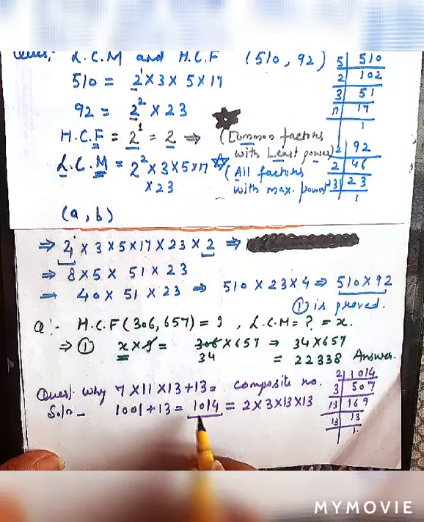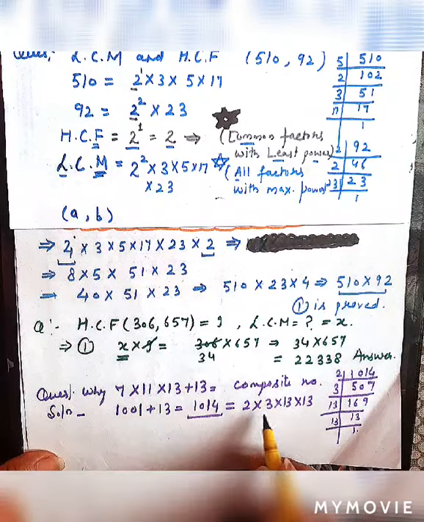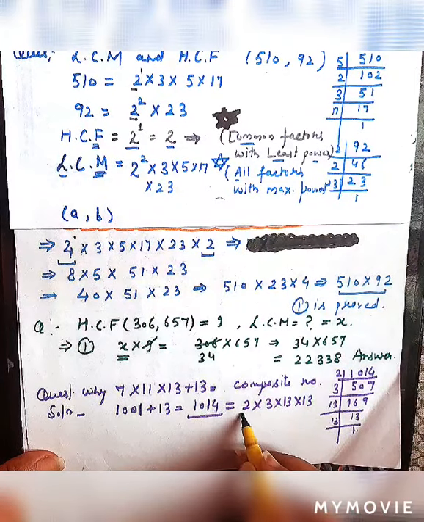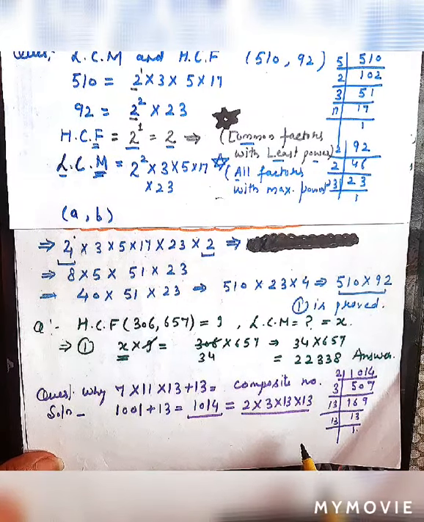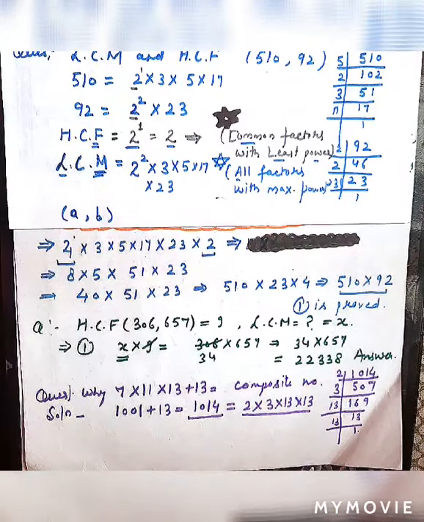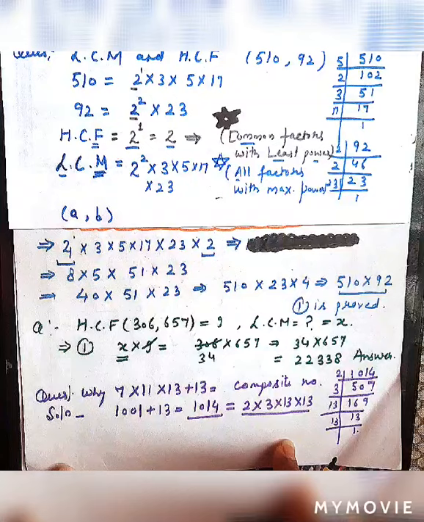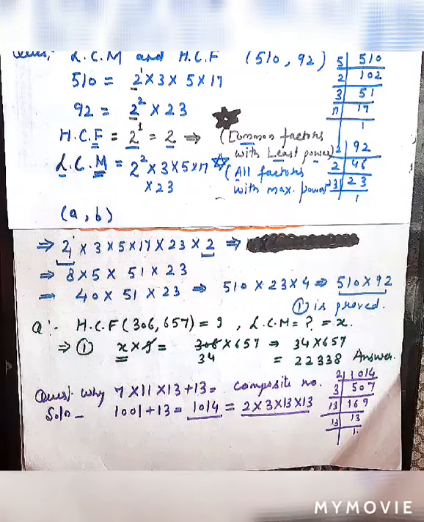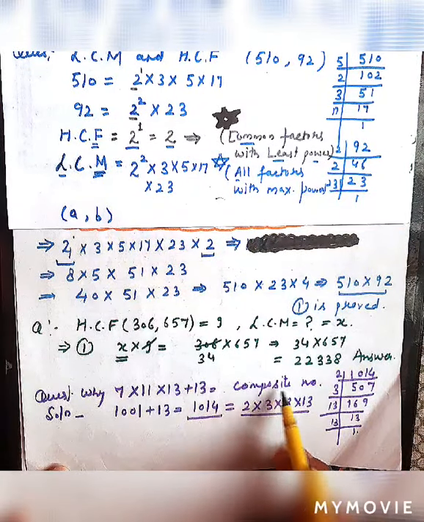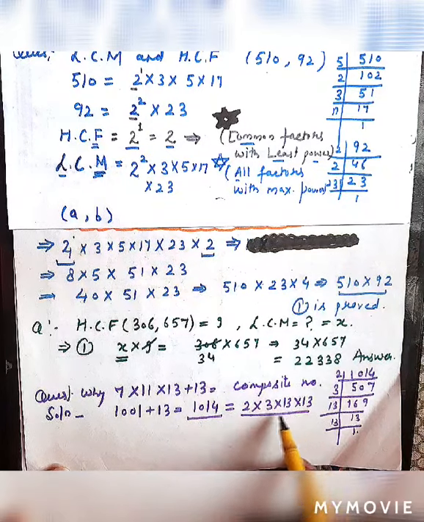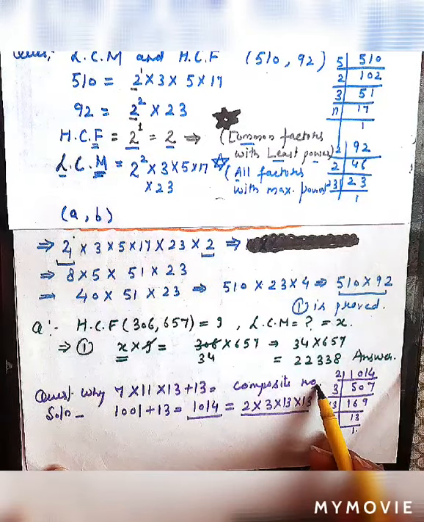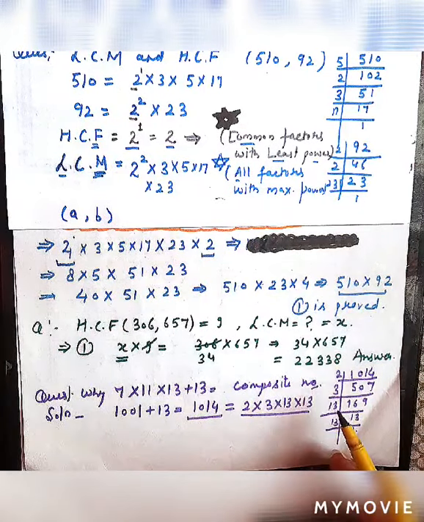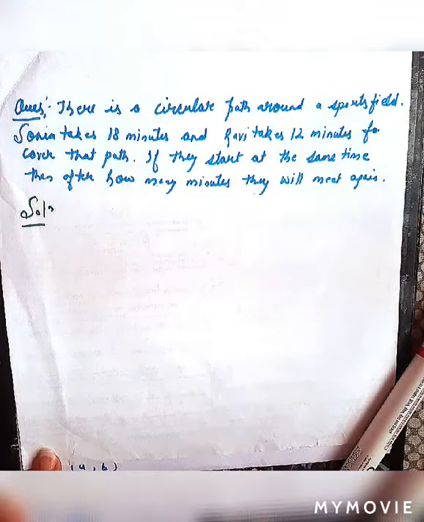So yes, this number in fact is a composite number. Why? Because we can write this as a product of prime factors. So as per the fundamental theorem of arithmetic that I have explained earlier also, whenever a number can be written as a product of its prime factors, then that is a composite number. So this is true according to the fundamental theorem of arithmetic.